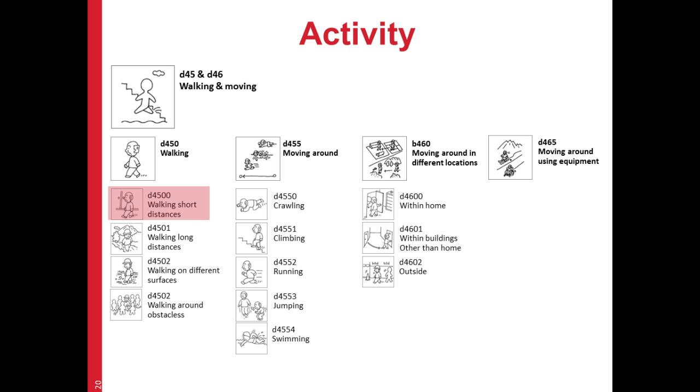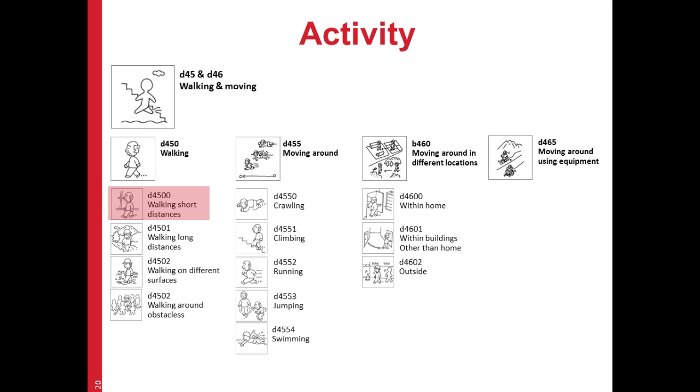Within the activity component, we're reminded that walking short distances, as we do in the gait analysis laboratory, is a very small part of our overall walking and moving activity. If we want to think about the patient as a whole, we need to consider the challenges of walking longer distances, of walking on different surfaces, of walking around obstacles.